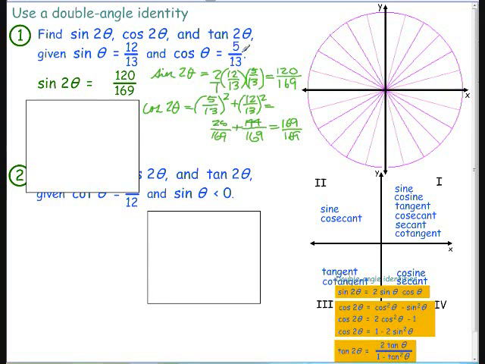If these are both positive, we know we're in the first quadrant with our single angle, but that doesn't necessarily mean we'll still be in the first quadrant with... Oh, I see what I did. You see it? Stupid. This is not an add. No.